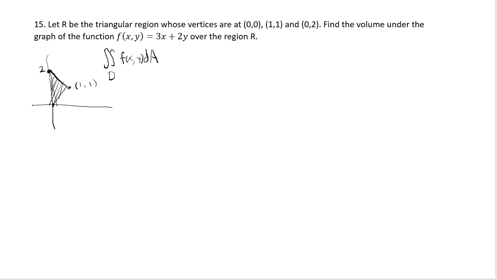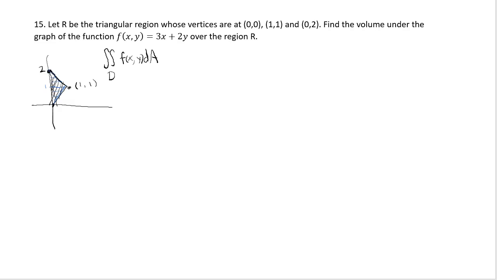And since dA could be written as dy dx or dx dy, you have to choose. But I see that if I choose dx dy, then I'm trying to go from left to right, and that gives you some complication here because before 1, less than 1, you're following this as your right endpoint, but after 1, you're on here.